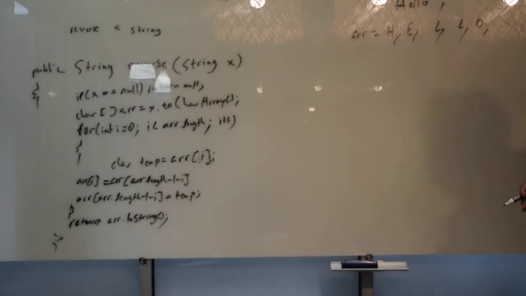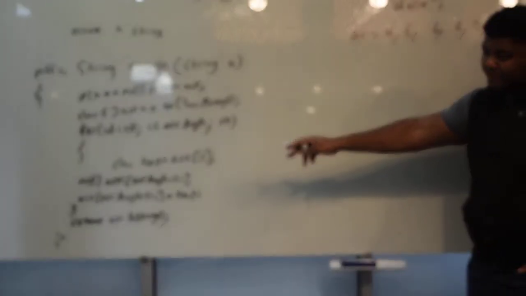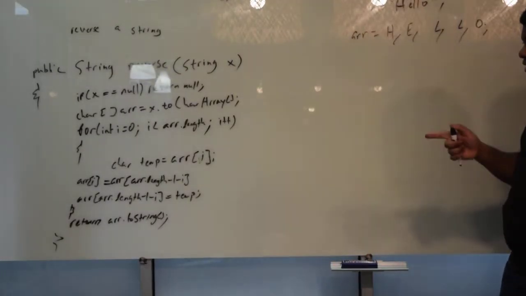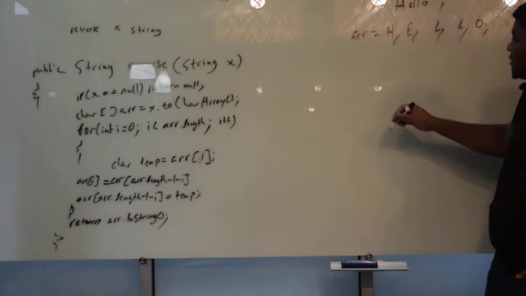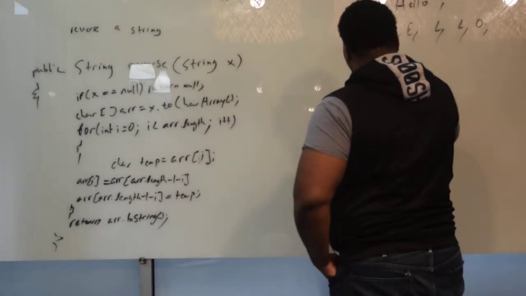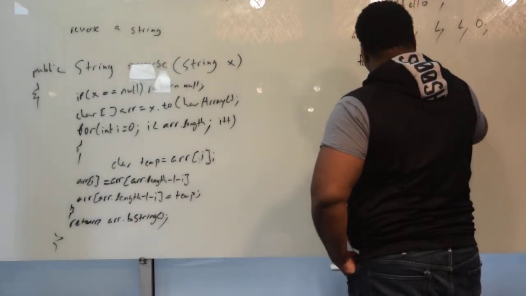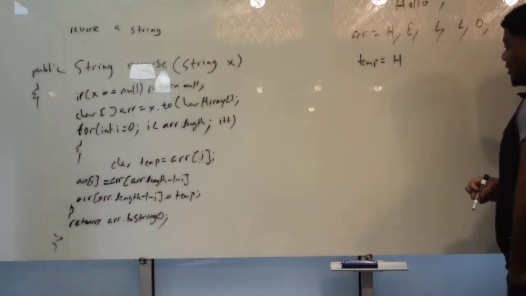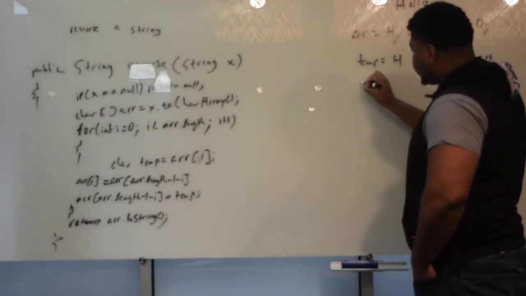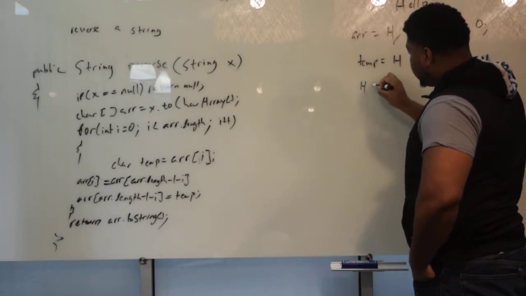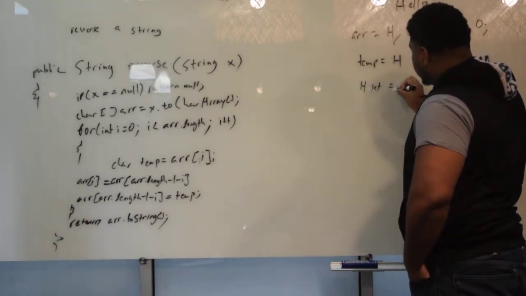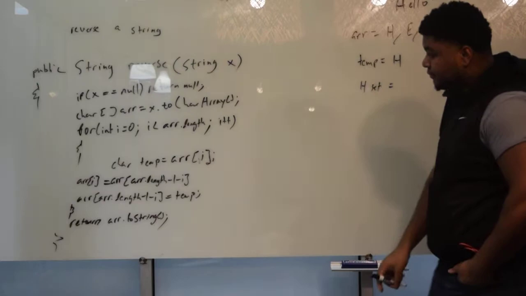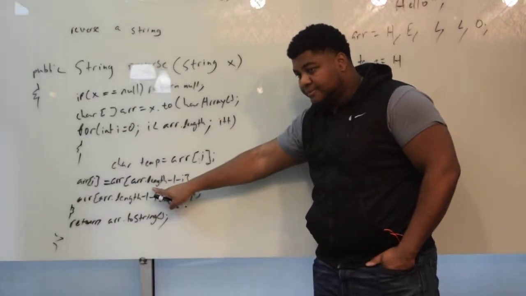Now, what I'm doing is temp is equal to R of I, right? R of I is H, our first iteration, so temp is equal to H. Now R of I, which is H, we want to set equal to the length of the array.